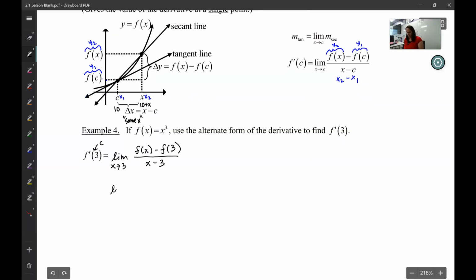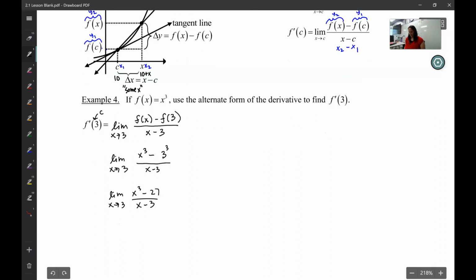So let's start to simplify this. F of x is just my equation. F of 3 would be 3 cubed. So I have the limit as x goes to 3 of x cubed minus 27 all over x minus 3.